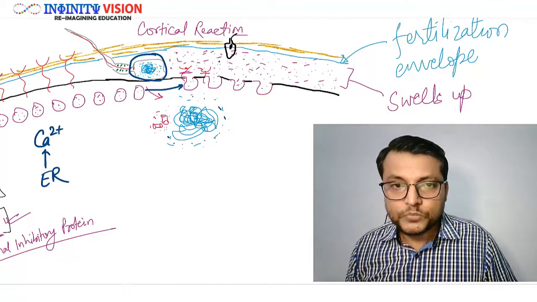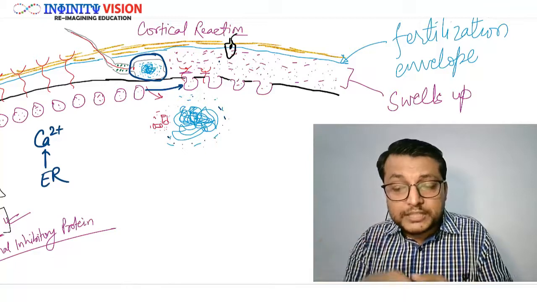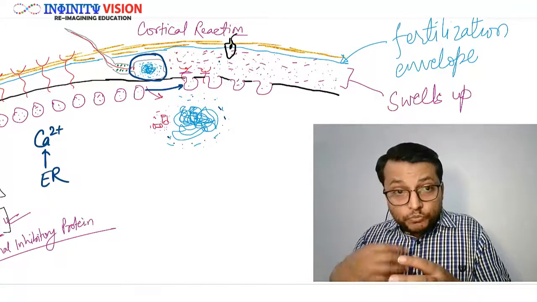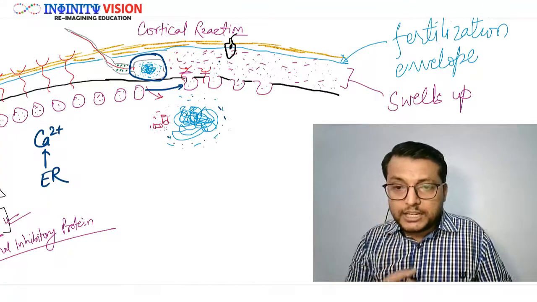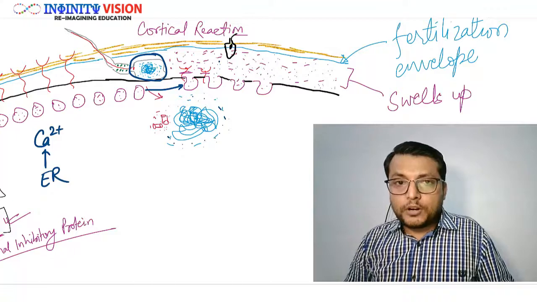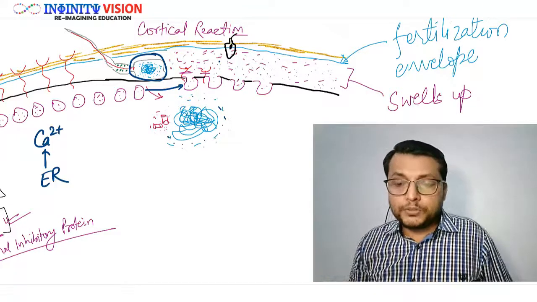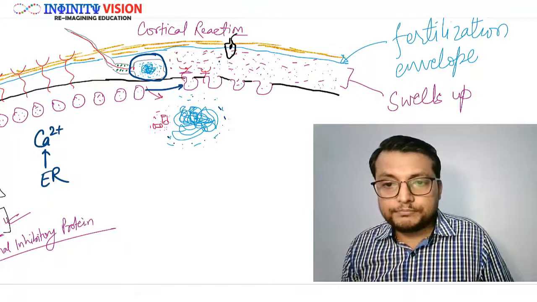Now why is it of so much importance that only one sperm enters? It is important because if more than one sperm enters into the secondary oocyte, then the chances of making a polyploid embryo or zygote are possible.